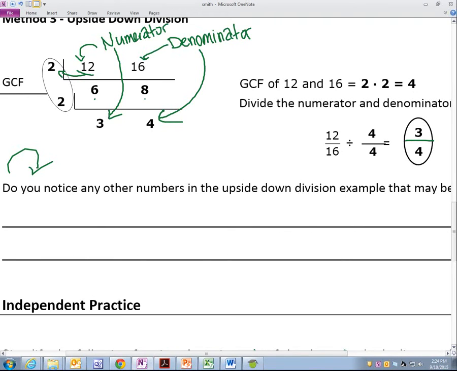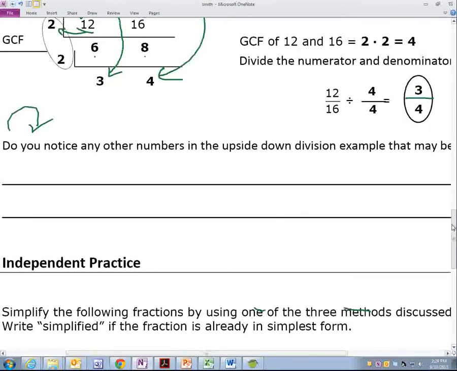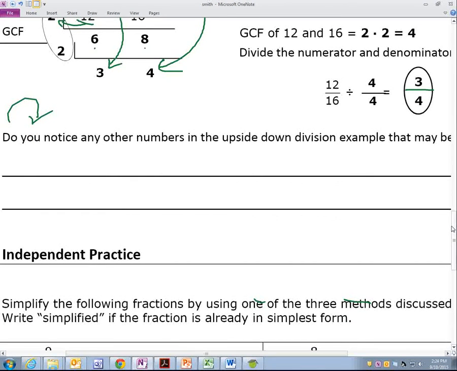Yeah. So, let's put that into words. You notice that the numerator and the denominator are on the bottom of the ladder. So write that in whatever words you would like that are English.